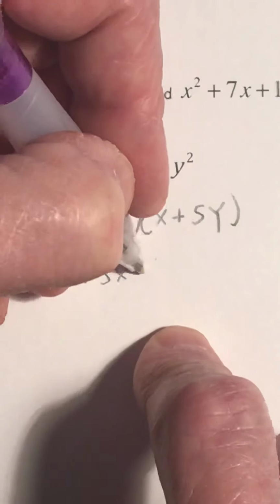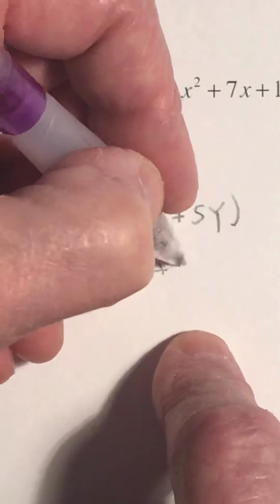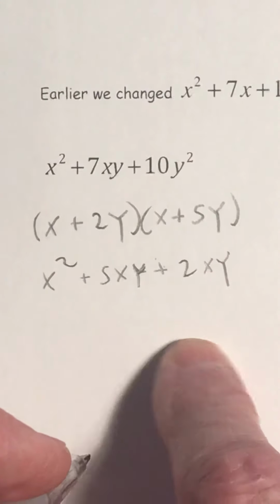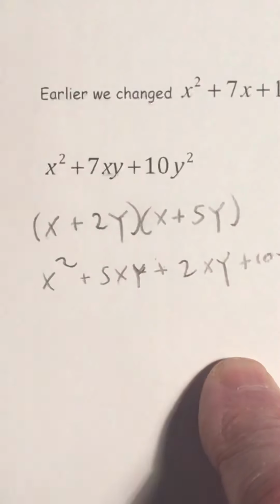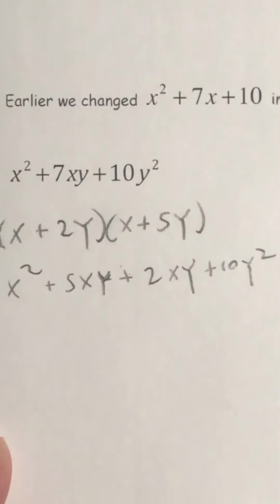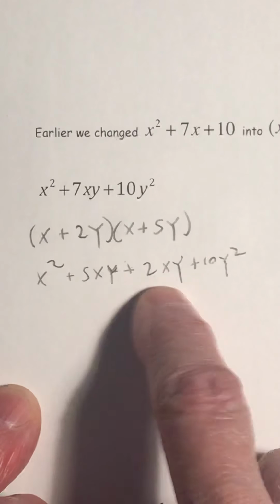Oh, I'm sorry, I said 5xy, and I neglected to write the y. Then plus 2xy. And lastly, 2y times 5y makes 10y squared.